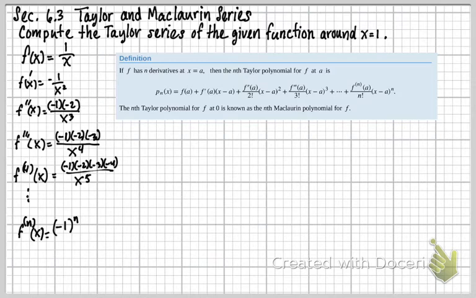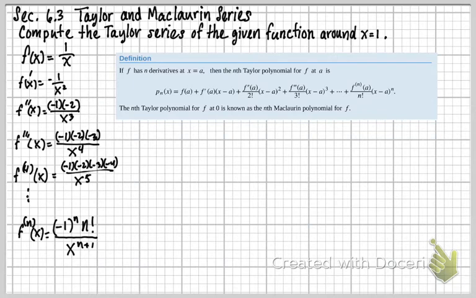Then I'm going to have a 1 times 2 times 3 times 4 on a fourth derivative, 1 times 2 times 3 on a third derivative. So that pattern is going to be n factorial. And then on the bottom, that's going to be x to the n plus 1. There it is.